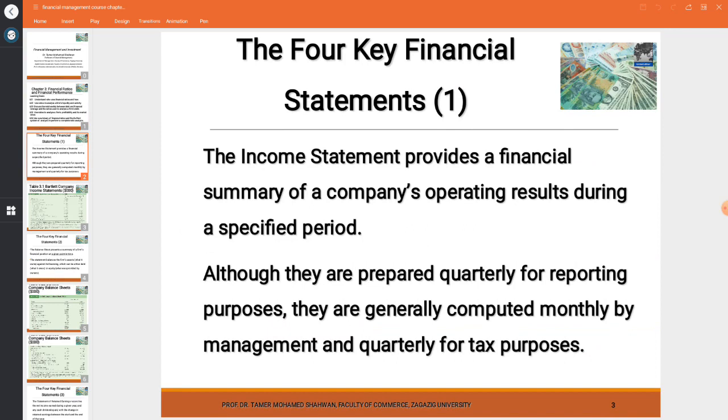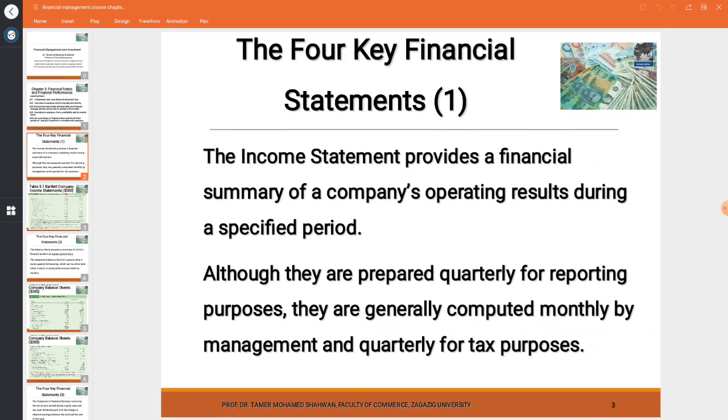The first key financial statement is the income statement. The income statement provides a financial summary of a company's operating results during a specified period of time. Such an income statement could be prepared quarterly, monthly, or annually.